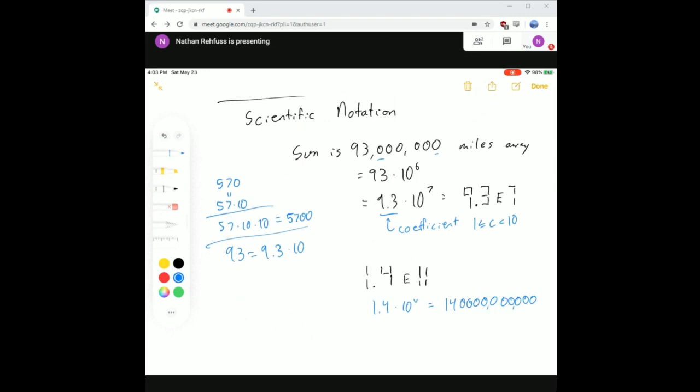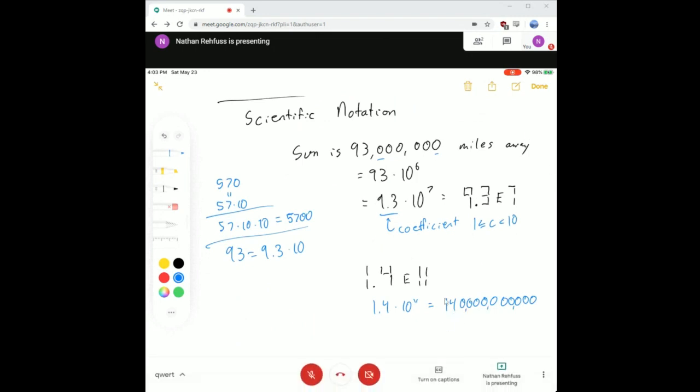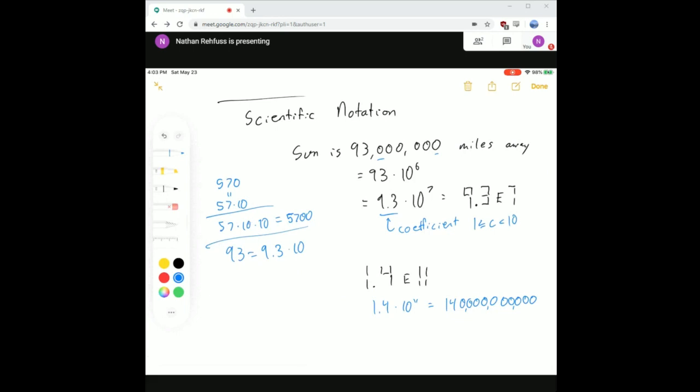I'll put commas every 3 digits so I can pronounce it. Looks like we're looking at 140 billion is our answer. So scientific notation is how a lot of these old calculators, and even some new ones, will display really big or really small numbers. Because scientific notation is great for small numbers as well.